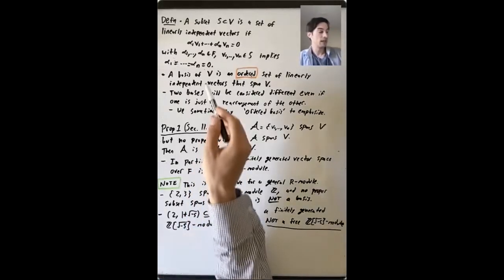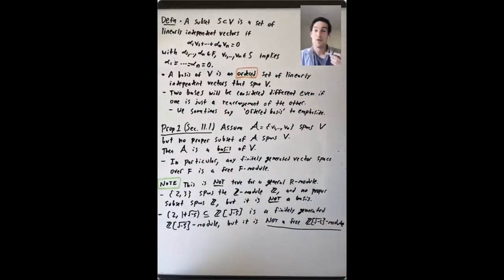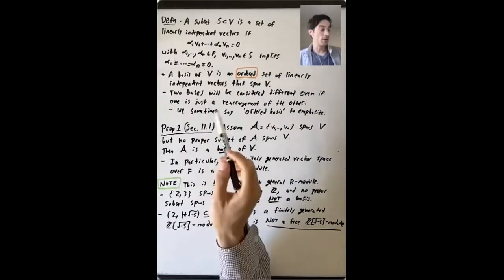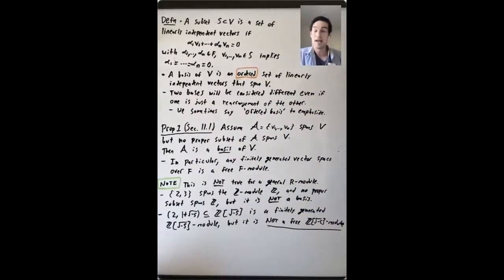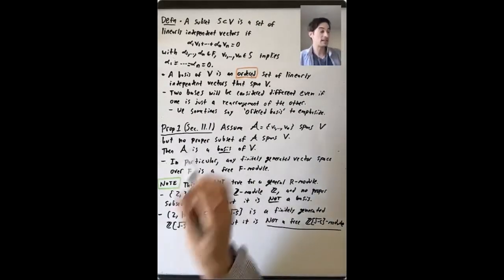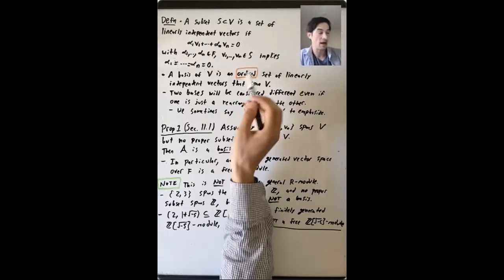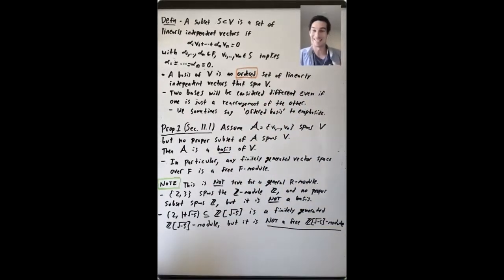So it's going to matter what the ordering of this basis looks like. So we really do want to emphasize that bases count as being different if one is just a reordering of the other, because we want to understand things like, if you start with a linear transformation and change from one basis to another, how does the corresponding matrix change? That's the kind of thing we want to talk about. So we're emphasizing this orderedness.